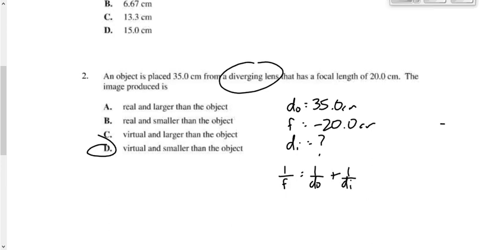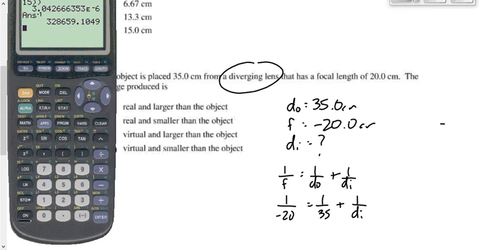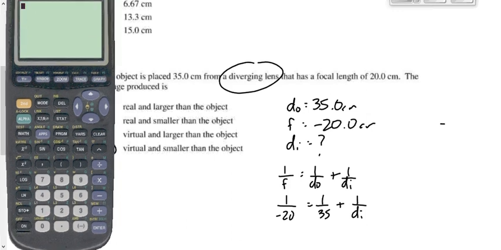F is 1 over negative 20. DO is 35. And DI is what we're looking for here, in this question at least. Let's say 1 over negative 20, subtract 1 over 35. Let's flip that over. We get negative 12.727.